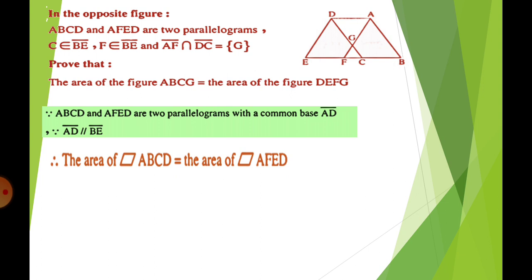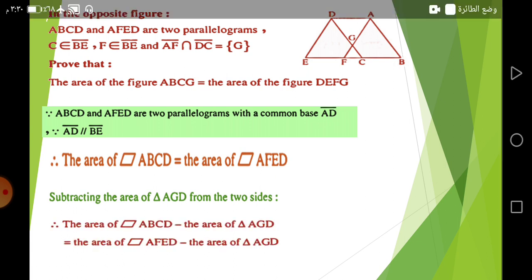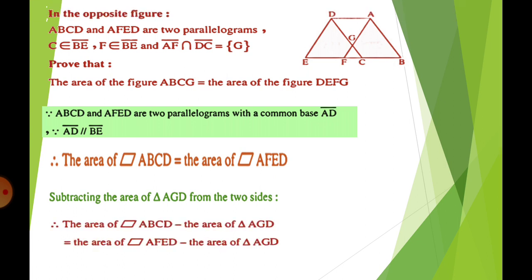Look, the triangle AGD. If we subtract the area of triangle AGD from the two parallelograms, then area of ABCD minus area of AGD equals area of AFED minus AGD. Then the area of ABCG equals the area of DEFG.